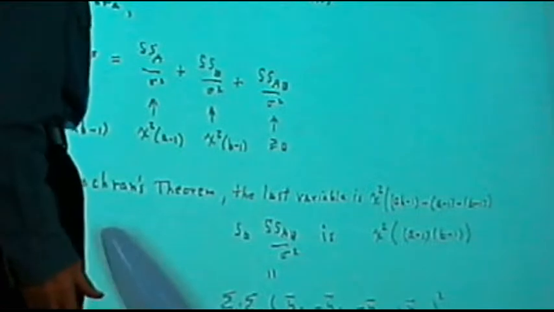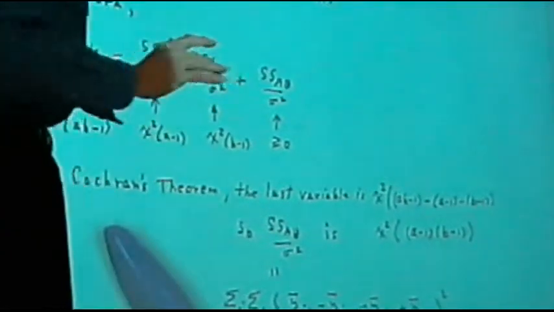So what I'm doing here is to rely on Cochran's theorem for the conclusion. Cochran's theorem basically said that if you have chi-square equal to chi-square plus chi-square plus something else, as long as that something else is never negative.